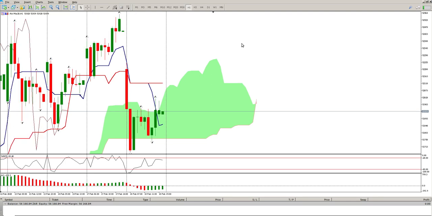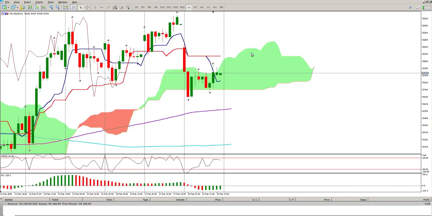relatively positive. So on the hour, we've got a crossover, we've got a twist, we've got a lot of structure here that's saying another move down. With that in mind, I would keep this trend line in check. If we do break that trend line, then you can assume that we have a flag.